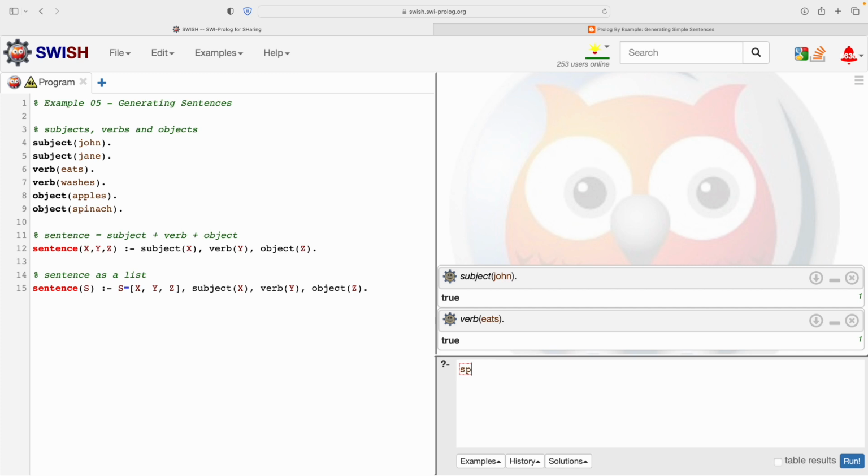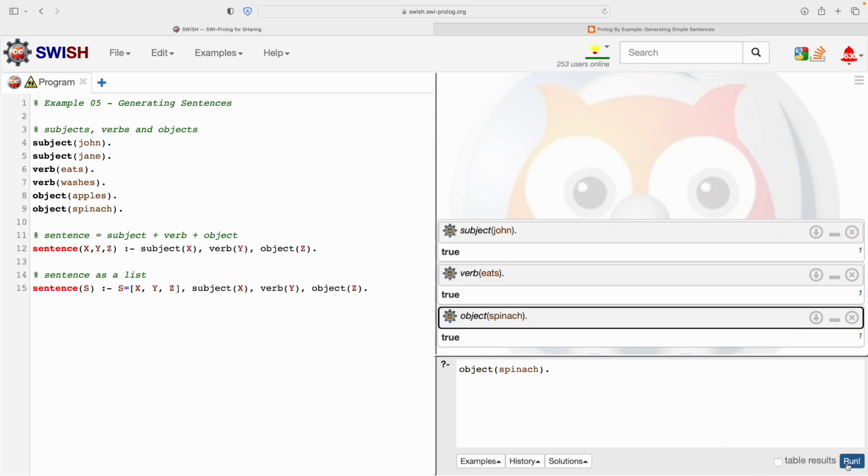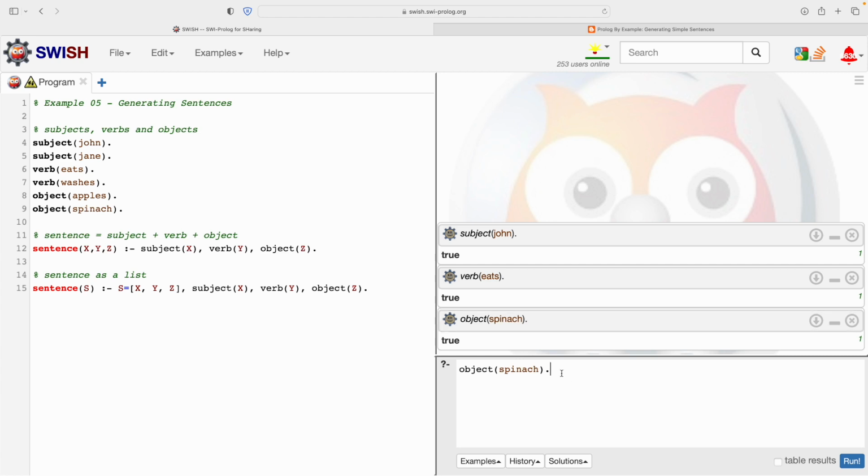Is that an object? And we should get true. So that's a way of defining the parts of speech or the parts of a sentence. John and Jane are subjects, eats and washes are verbs, and apples and spinach are objects. So that's simple enough. We've done that before, so nothing should be new there.